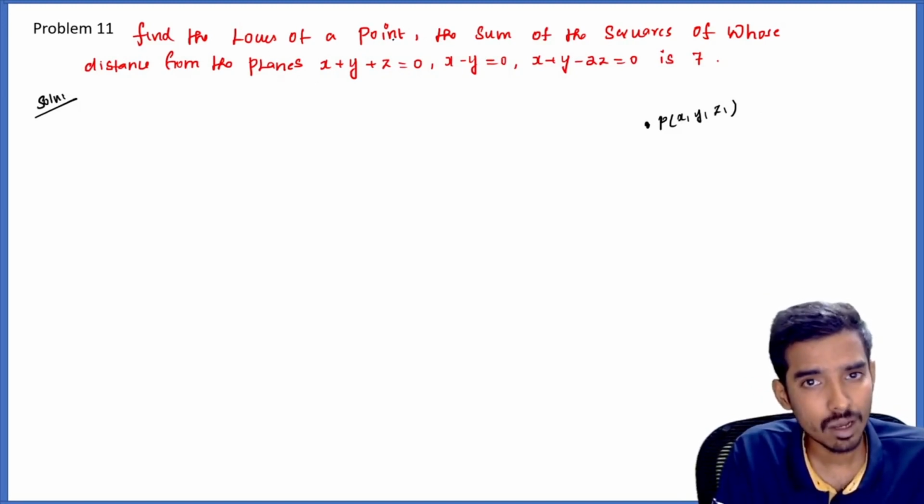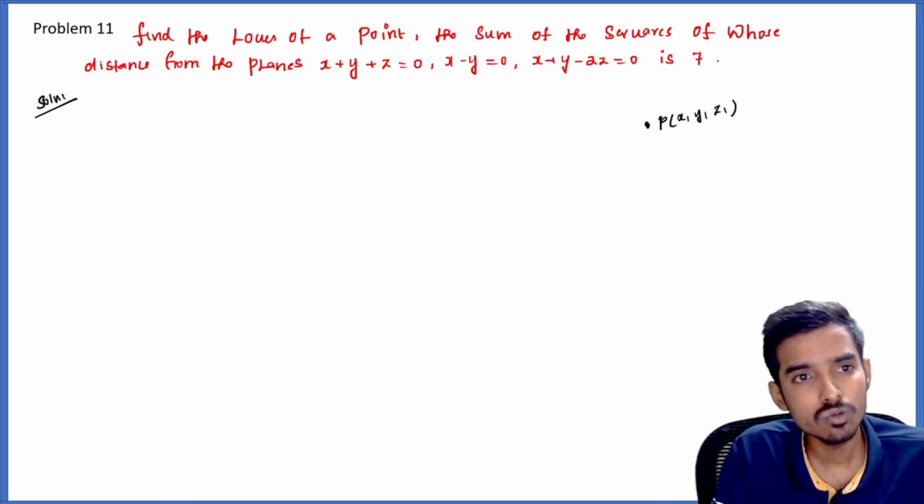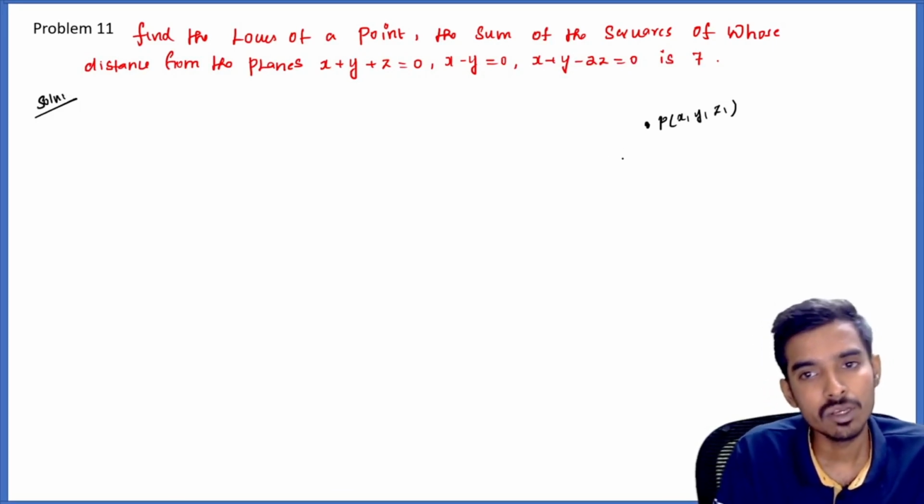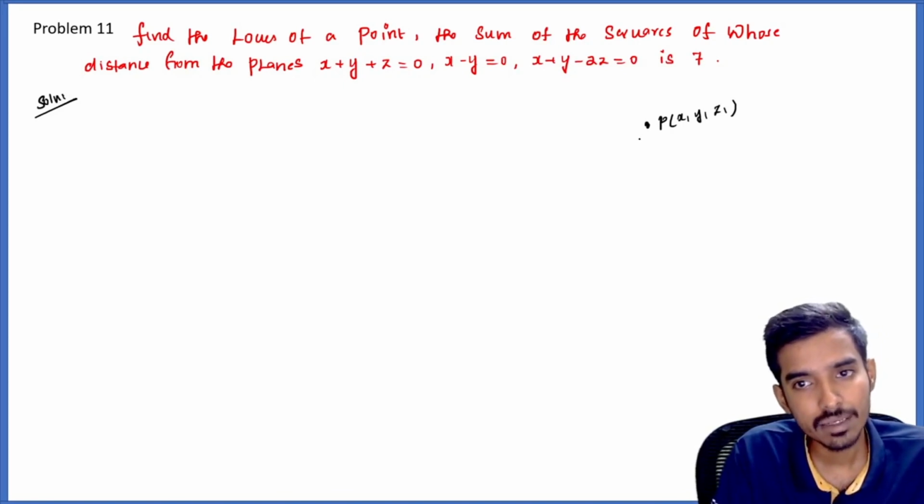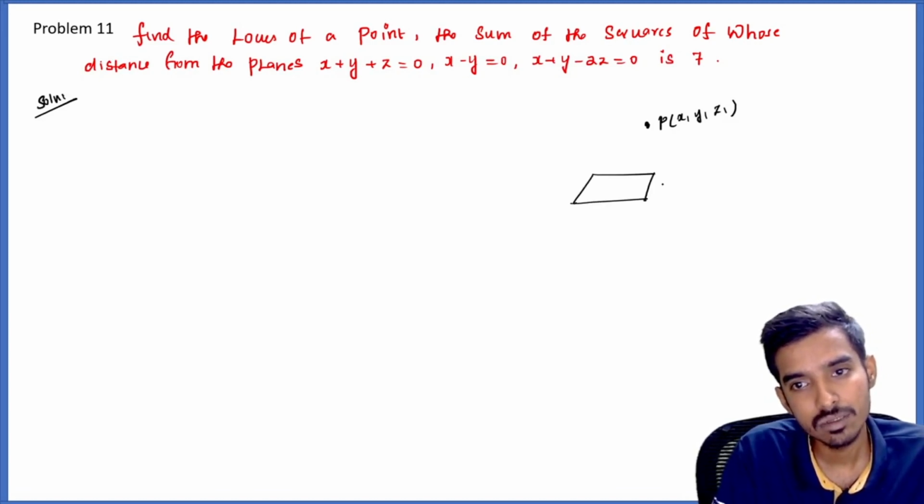Find the locus of a point such that the sum of the squares of whose distance from the planes is 3. From this, we have three planes, right?